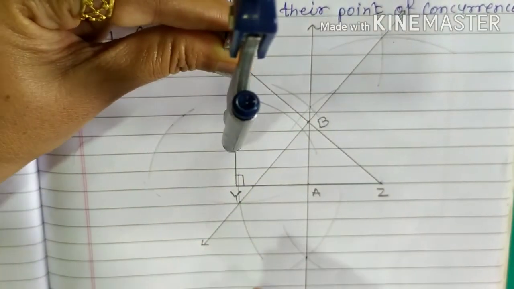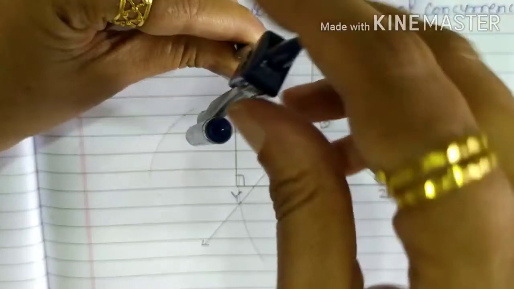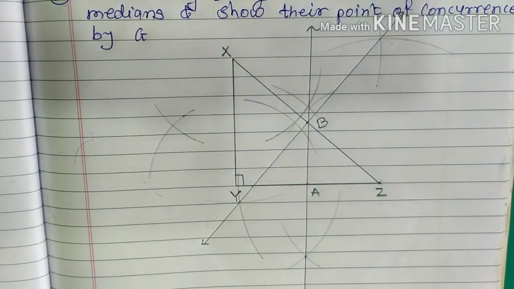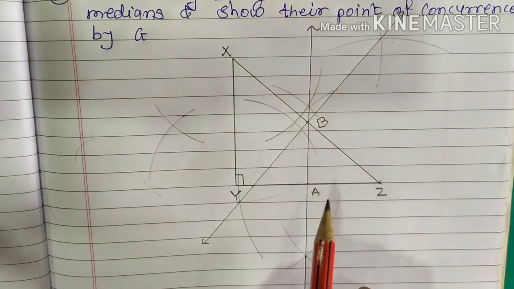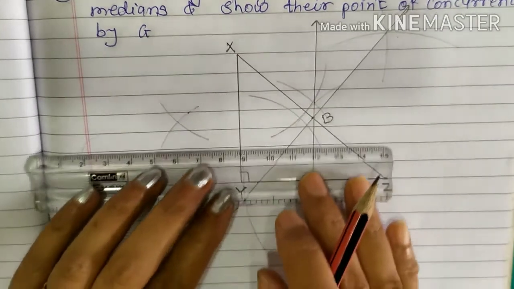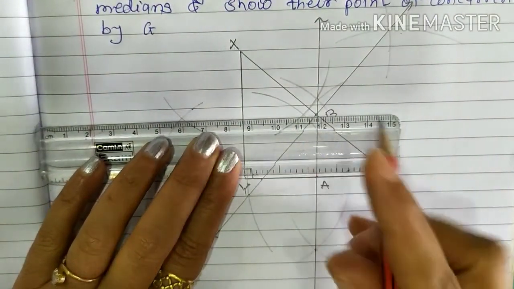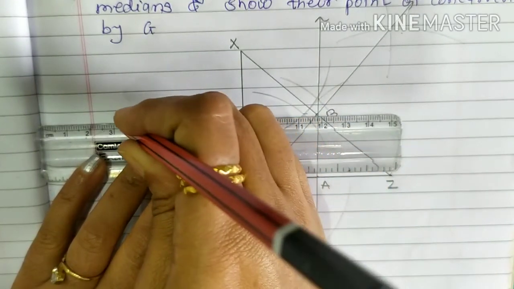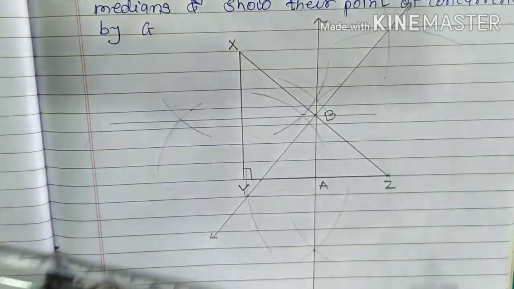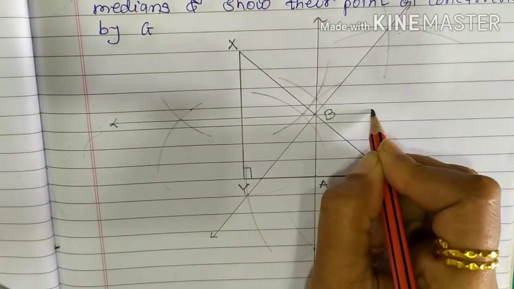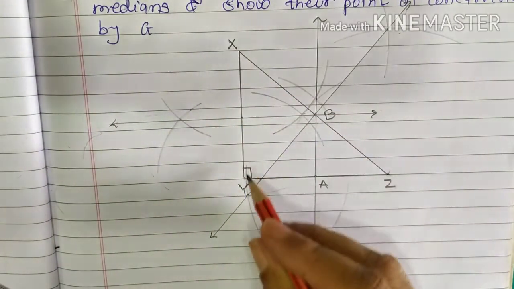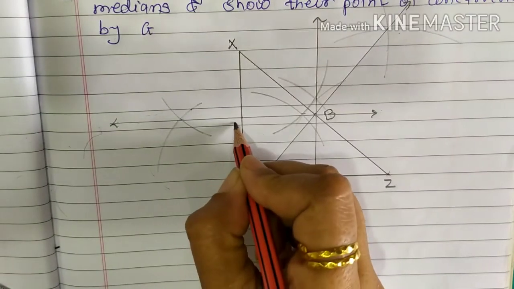Then put on the X here and cross the curves here. Join these 2 points. Here we get the midpoint of XY, that is point C.